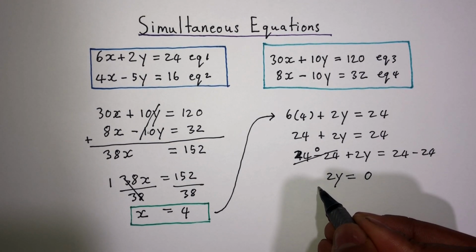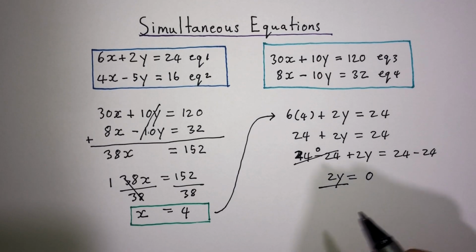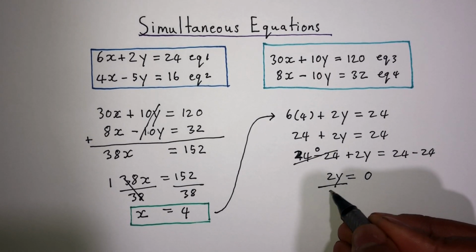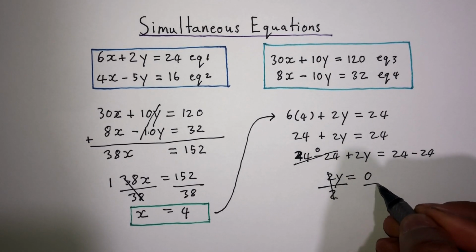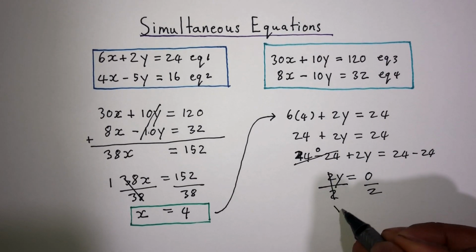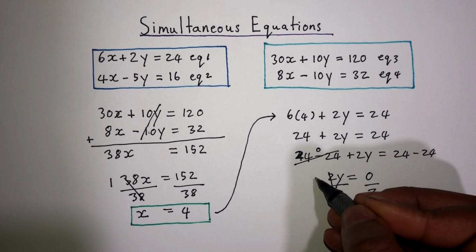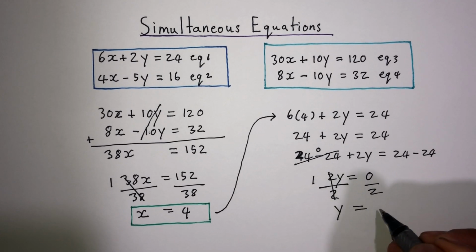We're now going to make y the subject, or we're solving for y. So divide both sides by 2. We're now left with y equals 0.